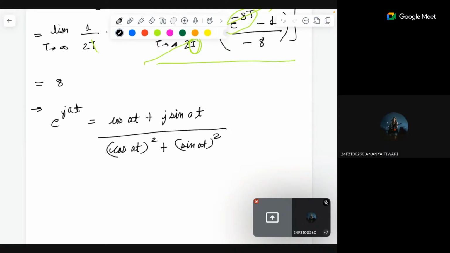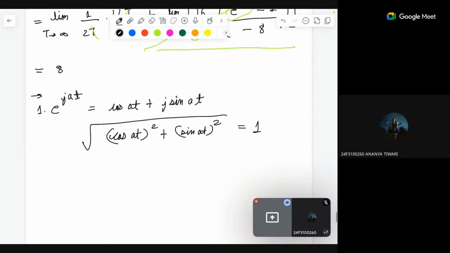Yes, ma'am. Cos squared theta plus sin squared theta is 1. So this is 1. So in general, if we have a Euler signal like this, then its magnitude will be this quantity and phase will be this quantity. Is this clear, Ananya? Yes, ma'am.